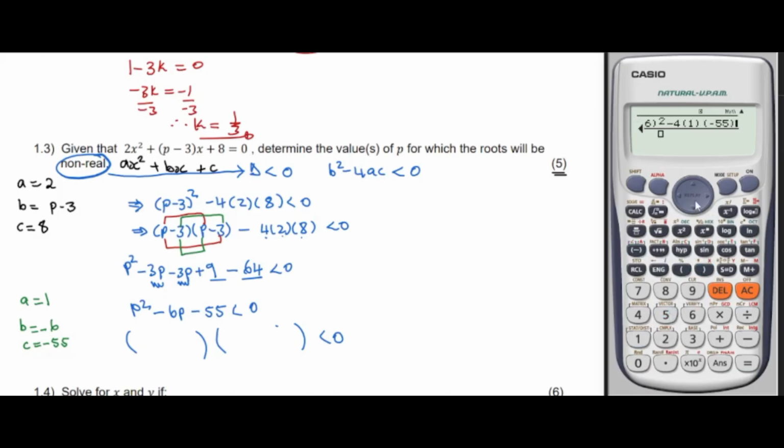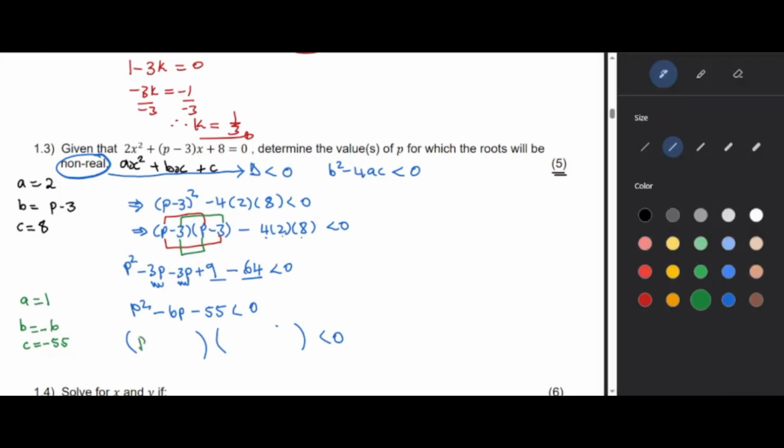This is the best way to factorize a quadratic equation. So this will be over 2 into the value of a, which is 1, close the bracket, you get 11. So if you get 11, this should be p minus 11, because therefore p will be equal to that 11 that you got.